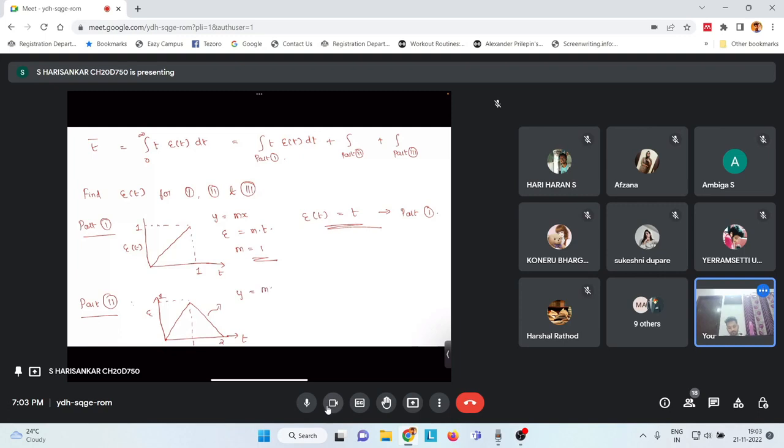Here y is E and m is the slope, which is minus 1. So minus x plus c. C is the intercept, and this will intercept the y-axis at 2. So E of T for part 2 will basically be 2 minus T.